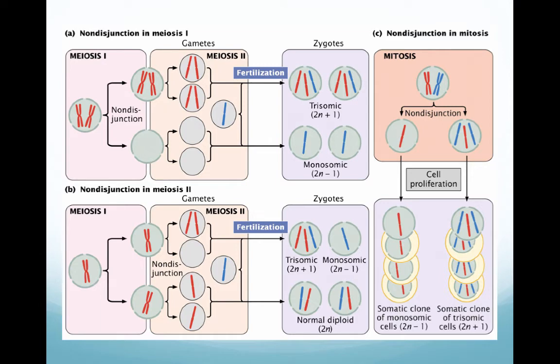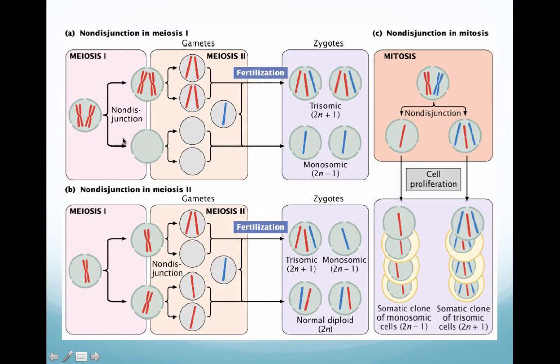Non-disjunction can happen at two major places, meiosis 1 or meiosis 2, and this is where chromosomes just fail to separate. In meiosis 1, we've got two copies of two chromosomes, and as we move from meiosis 1 into meiosis 2, we're supposed to be reducing down the total copies of chromosomes from a 2N to a 1N individual.